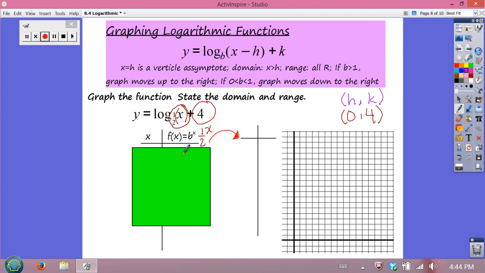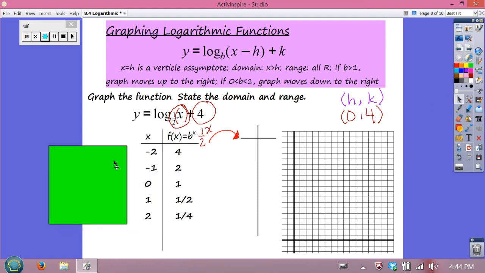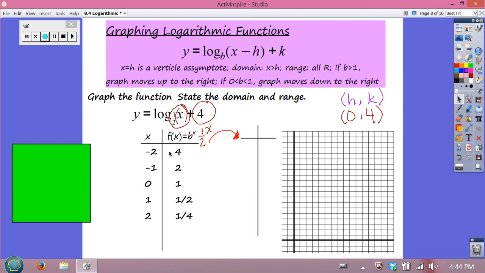So right now, we want to take our parent function, 1/2 to the x power, and plug in some values. So I took the liberty of doing so, and we've had this function numerous times before. We know if we plug -2 in here, we'll get 4, because we have to flip it around. So -2, -1, 0, 1, and 2 will give us these values if we plug it into the equation.